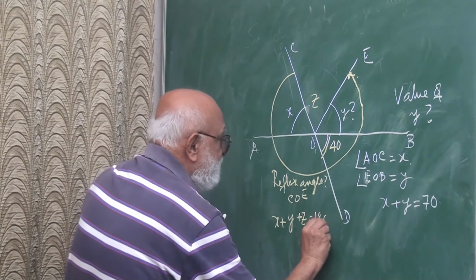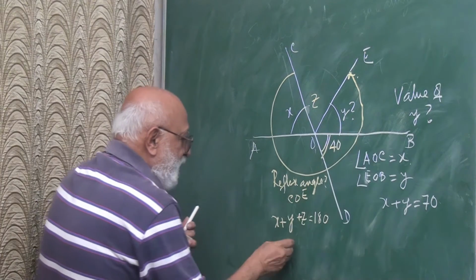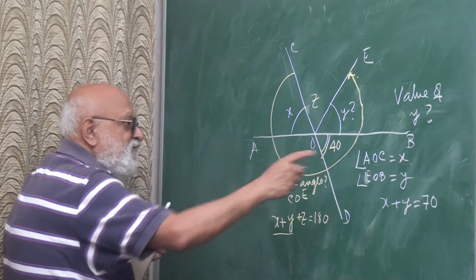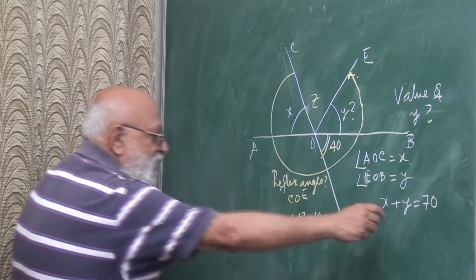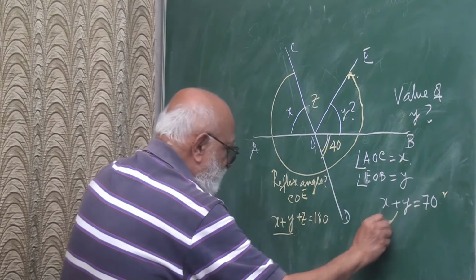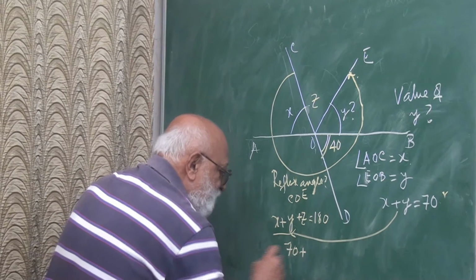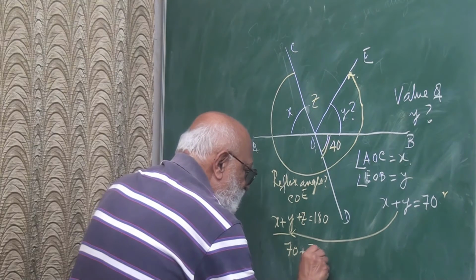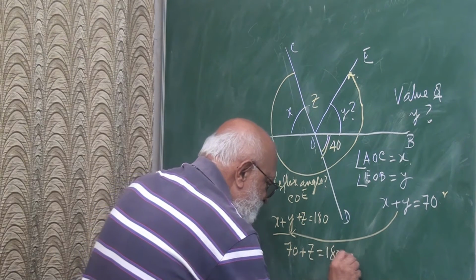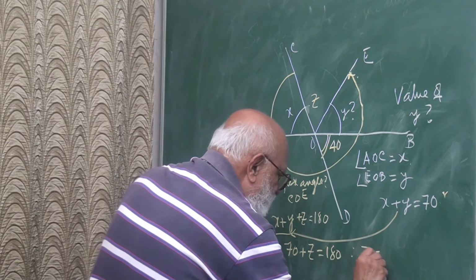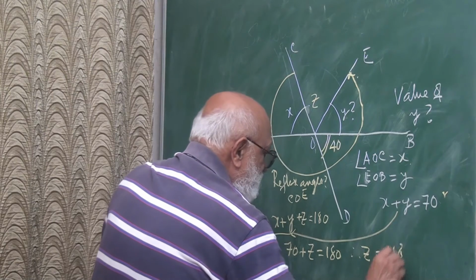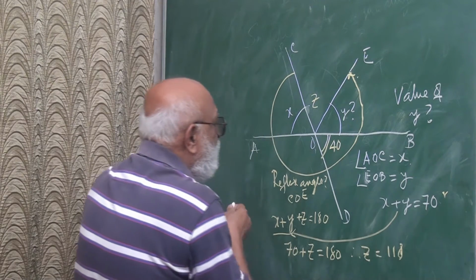Again that same thing, straight pair. Now X plus Y is already given and that is equal to 70. 70 plus Z equals 180. Therefore, Z will be equal to 110.